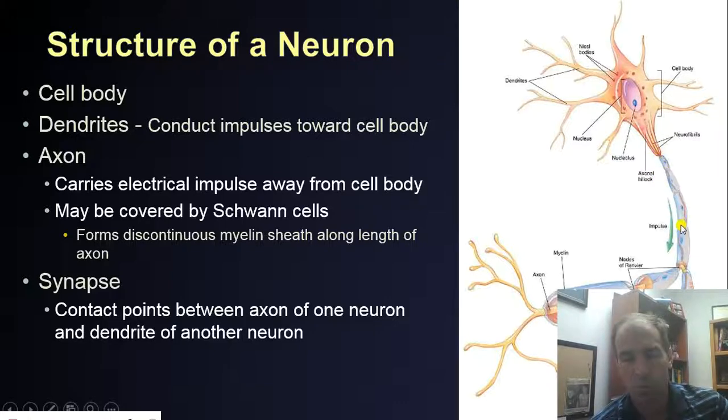Our axon is what the action potential will travel down, and the message will travel down. And that'll go down to end terminals or synapse terminals, motor end terminals, whatever you want to call those. And that is going to then create a synapse with another cell, another neuron, another something to continue on sending that message.